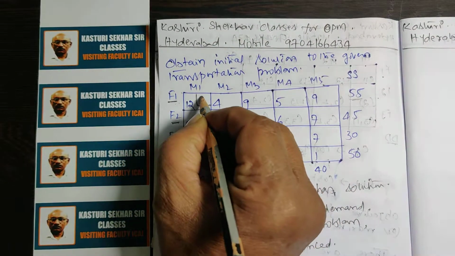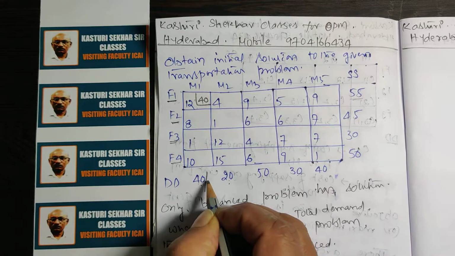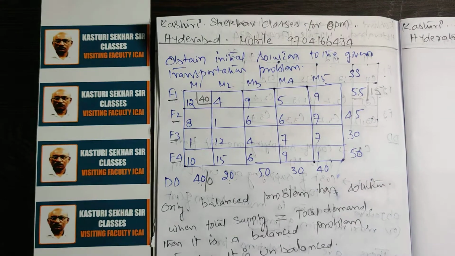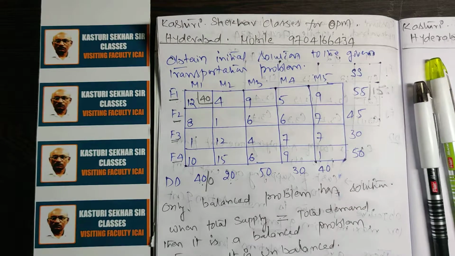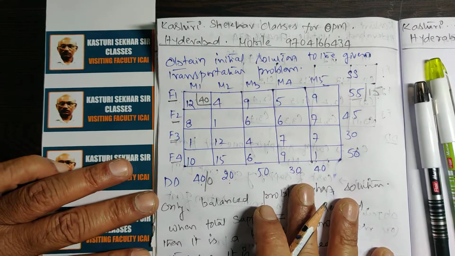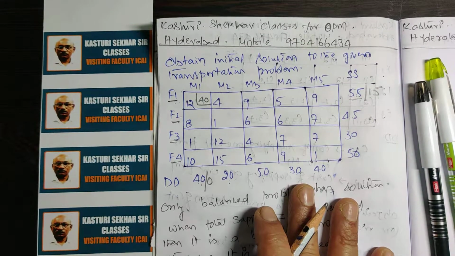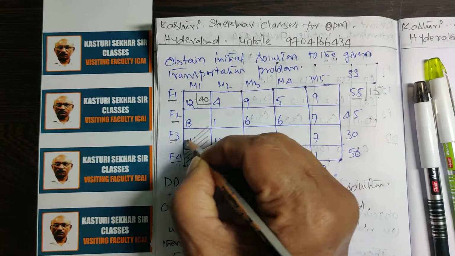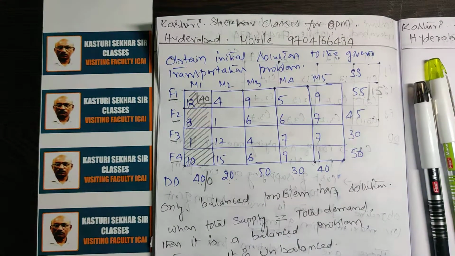Fine, sir. 40 units are supplied, so requirement will become 0. Availability is reduced to 15. Now this market requirement is fully satisfied. Therefore, to avoid any confusion, eliminate this market from the picture.